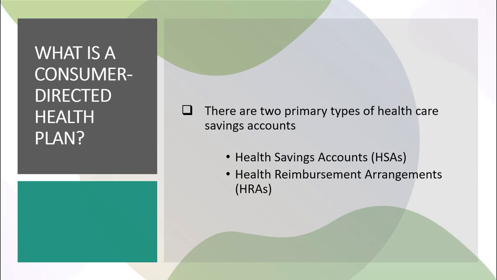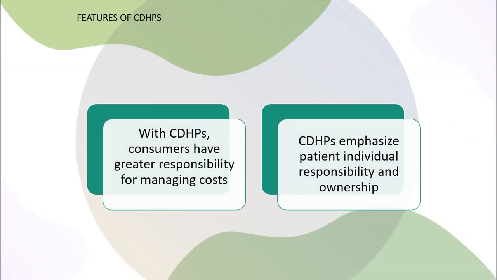There are two primary types of healthcare savings accounts: health savings accounts and health reimbursement accounts. With CDHPs, consumers have greater responsibility for managing the costs. They also emphasize the patient's individual responsibility and ownership.